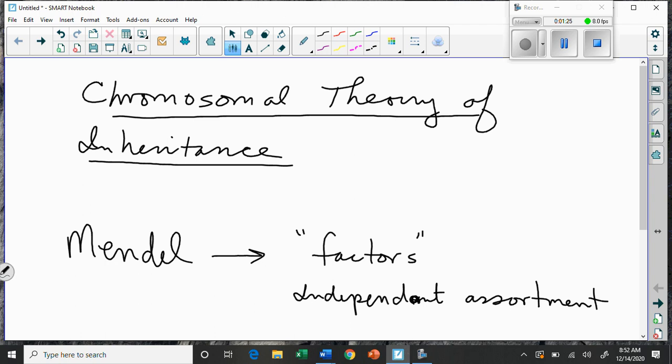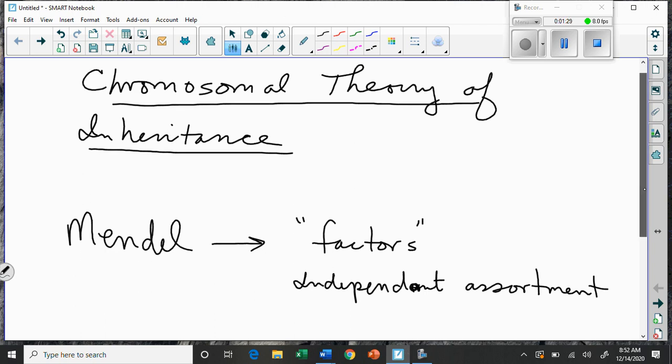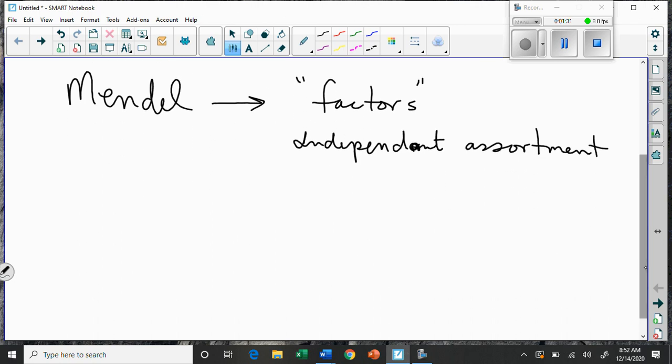We know that's not entirely true anymore. He thought that each trait was sort of isolated on its own and was able to be moved from mother to daughter to son and so on.